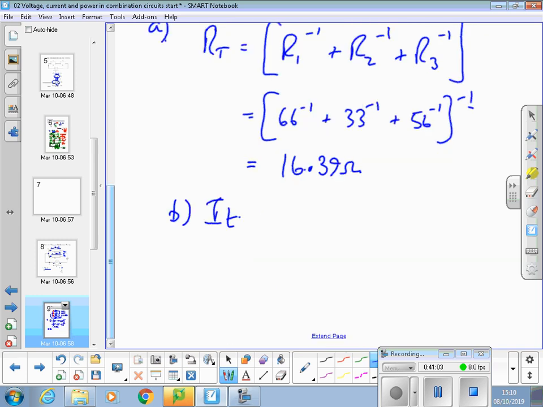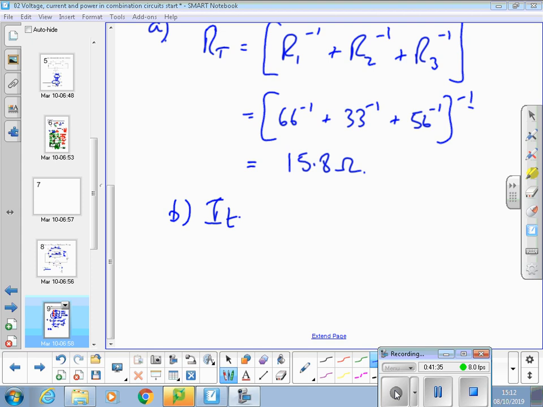IT, how are we going to calculate that? Yeah, I know you can calculate the currents now, but let's do it in the order the question says. 15.8. All right.